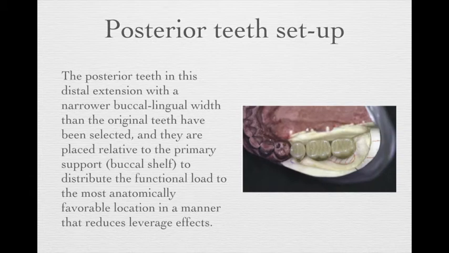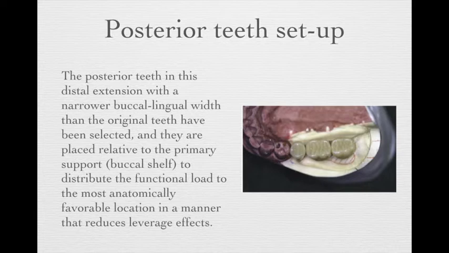When we set up the posterior teeth on the RPDs, sometimes we might come into a scenario where the patient lost a tooth for a long time, so a ridge has resulted. In those situations, we might need to select slightly smaller posterior teeth compared to the patient's natural dentition, because we want to decrease the stress distributed to the ridge.